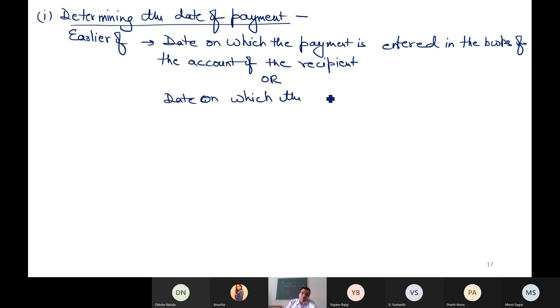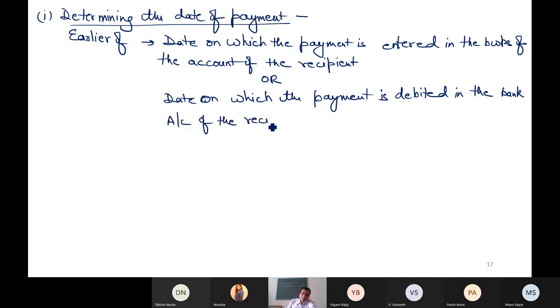The date on which the payment is debited in the bank account of the recipient. This is what the point is. So this is my one note.